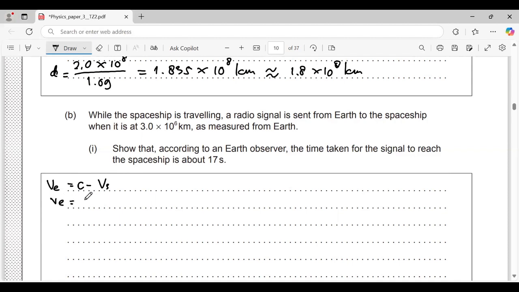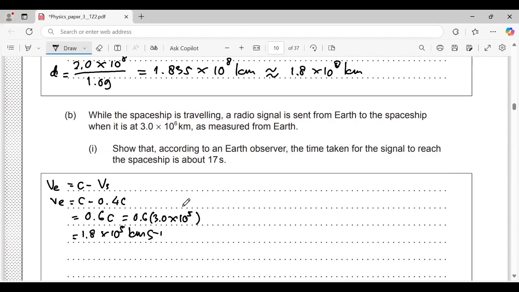VE equals C minus 0.4 C because of Vs, and it is 0.6 C. C is the speed of light. We can convert 0.6 times 3.0 times 10 power 5 kilometers per second, and the result is 1.8 times 10 power 5 kilometers per second.